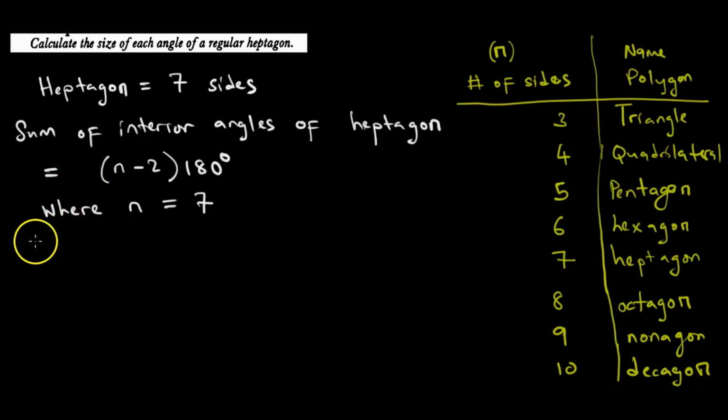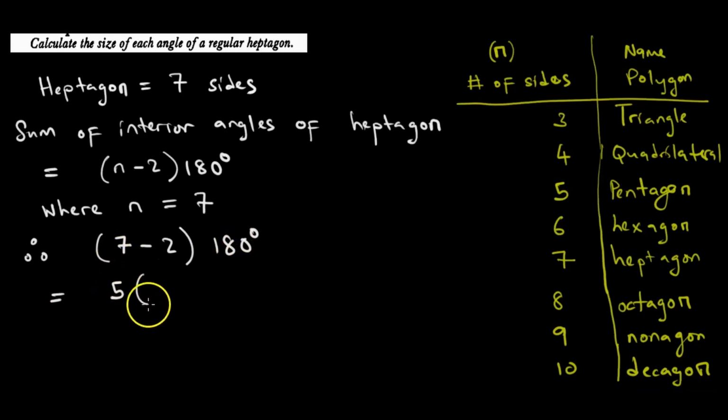So we replace n with 7. So it's (7 minus 2) multiplying 180 degrees, which is equal to 5 multiplying 180 degrees. And what do we get when we multiply 180 degrees times 5? We get 900. So the sum of the angles is 900 degrees.